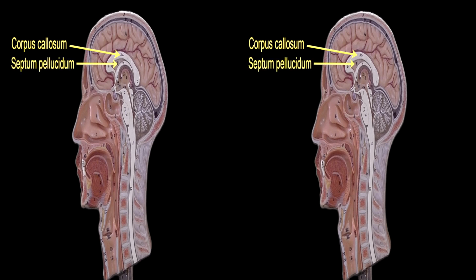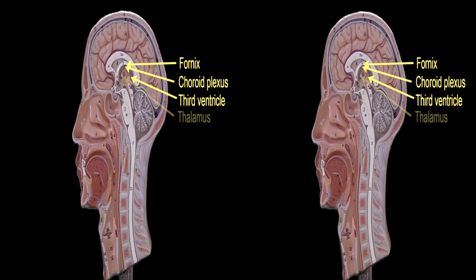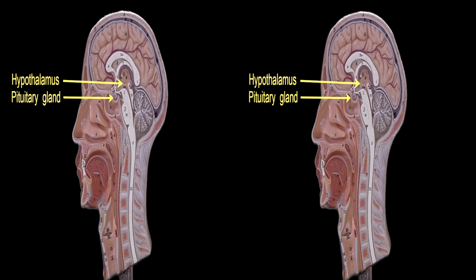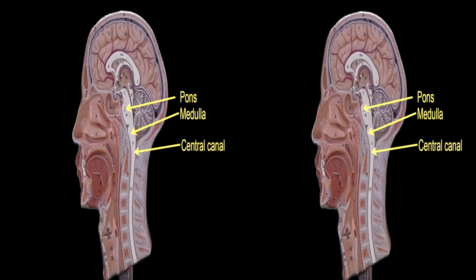Septum pellucidum. Lateral ventricles. Fornix. Choroid plexus. Third ventricle. Thalamus. Fourth ventricle. Hypothalamus. Pituitary gland. Cerebral aqueduct. Pons. Medulla. Central canal.